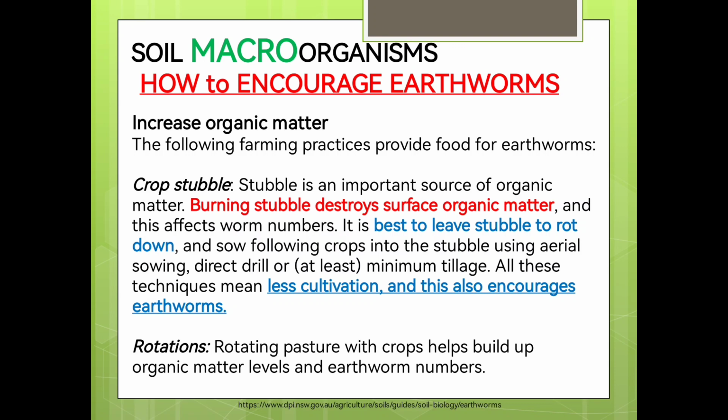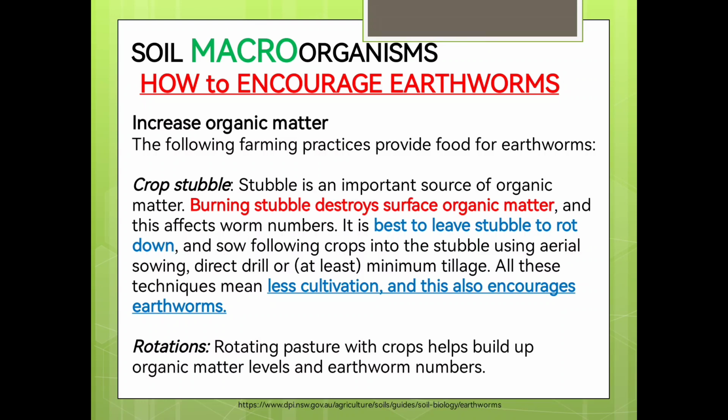It is best to leave stubble to rot down and sow following crops into the stubble using aerial sowing, direct drill, or at least minimum tillage para maiwasan nating mapatay or ma-injured yung ibang earthworms sa lupa. All these techniques mean less cultivation and this also encourages earthworms.